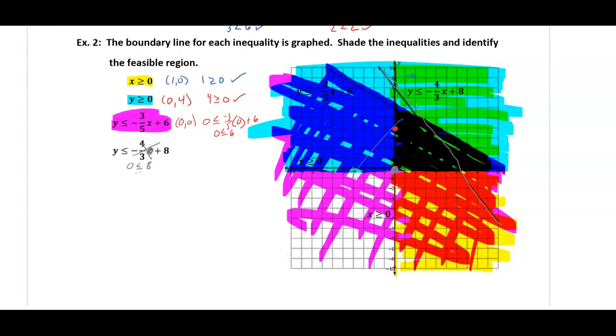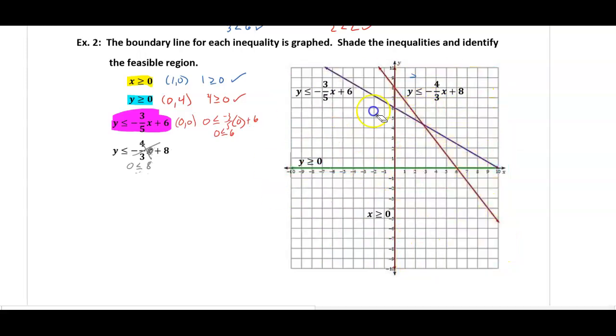Now, I have a lot of shaded regions going on, so what I'm going to do is erase all this. So I know right away that the intersection of all the shaded regions is in here to begin with, right?